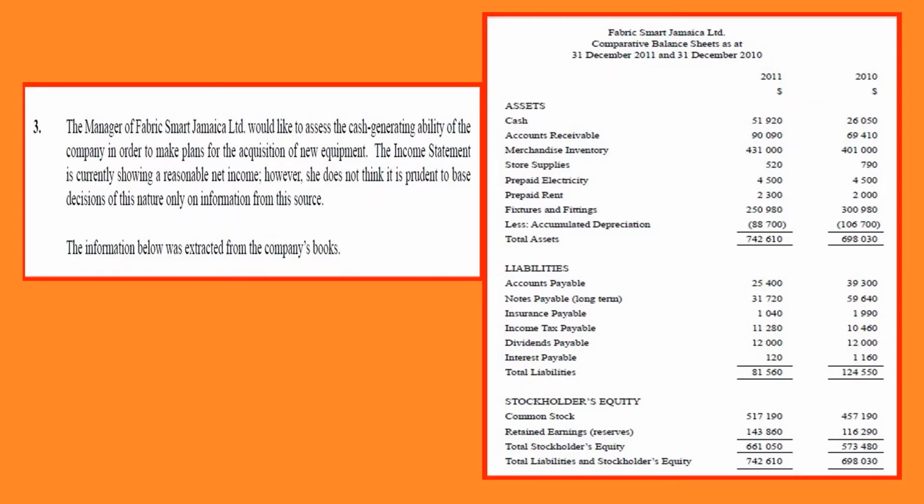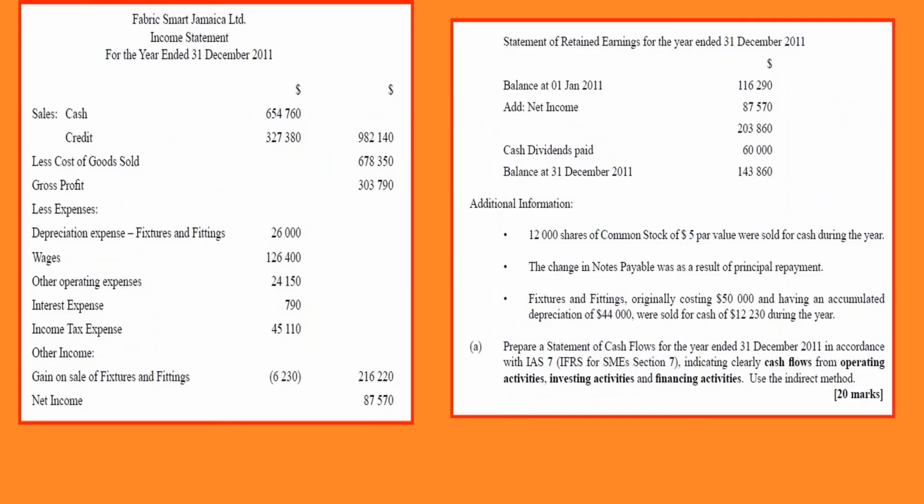Now, let's look at the other piece of data provided. Right, we have here the income statement showing us the net income and the statement of retained earnings for the year ended 31st December 2011.